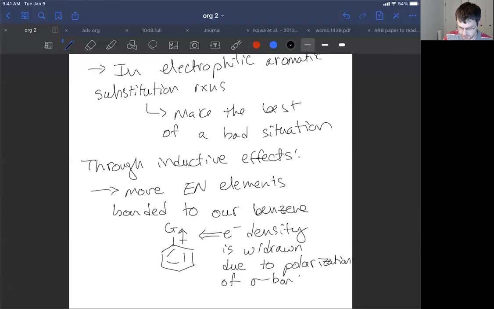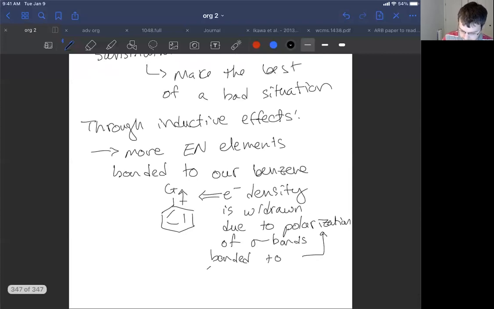And polarization of sigma bonds just means it's bonded to something that's more electronegative. So that's a bit of review, maybe from a different angle, of things that we've talked about in previous lectures.